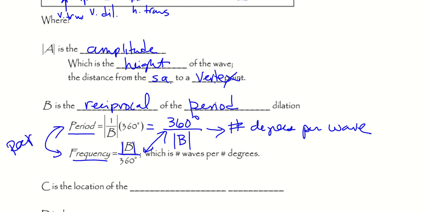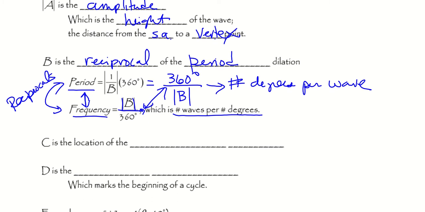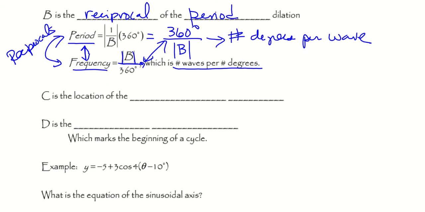If you know the period, all you have to do is flip it or put it under 1 and you have the frequency. If you have the frequency, you just flip it and you have the period. And that frequency gives you your number of waves per degrees. And so that's the multiplier inside the function.